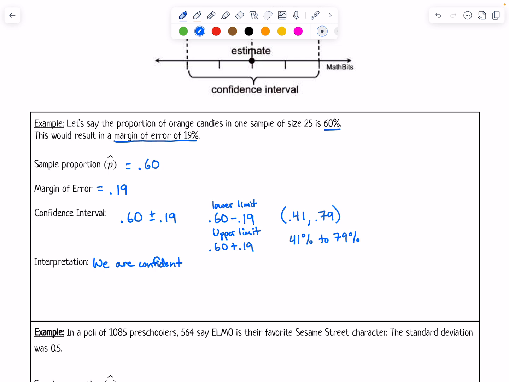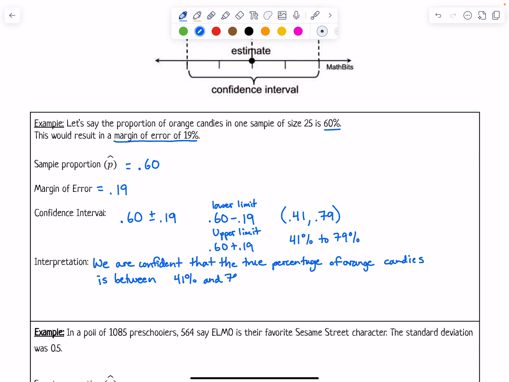For now, we are confident that the true percentage of orange candies is between these two values, so between 41% and 79%.